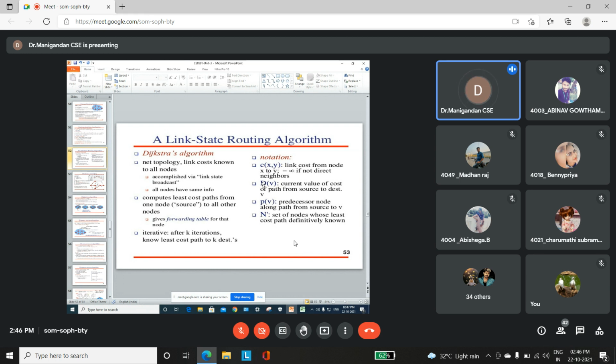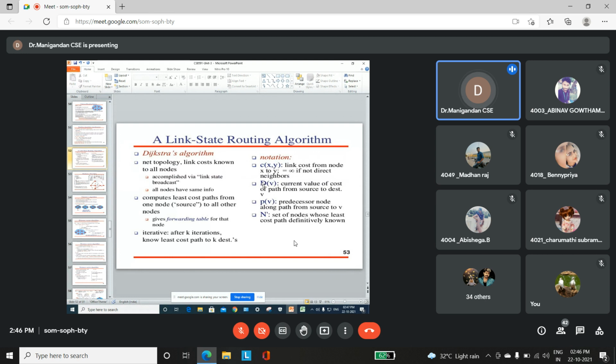D(v) is the current value of the cost of the path from source to destination. For example, x is assigned as the source node, and the current value is the cost from x to y. What is the cost value between x and y? That is the current value to travel between the source and destination.